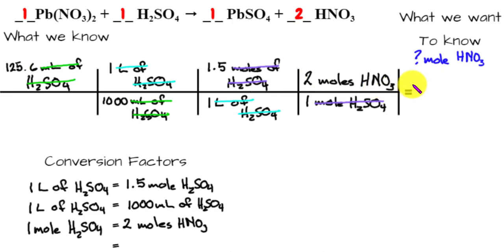So when I do my math, I'm going to take the first number, 125.6 times 1 times 1.5 times 2. All that's going to be divided by 1,000 times 1 times 1.